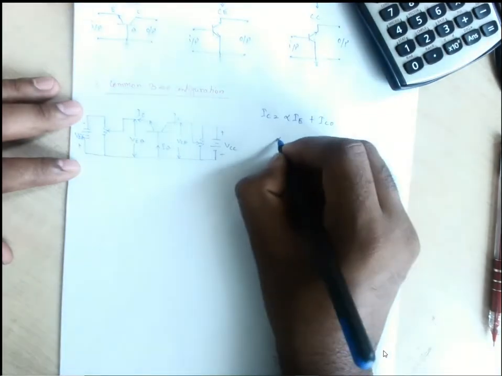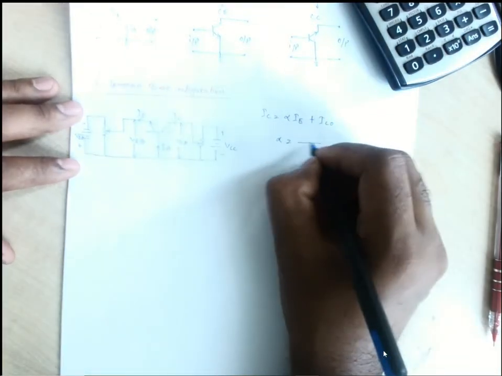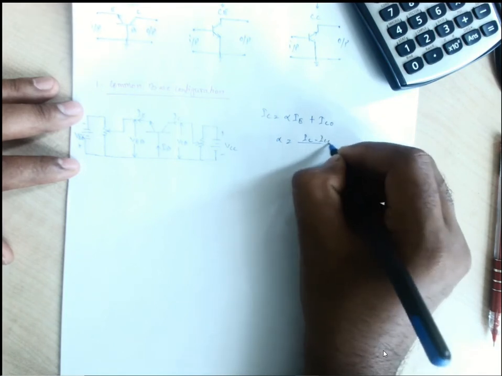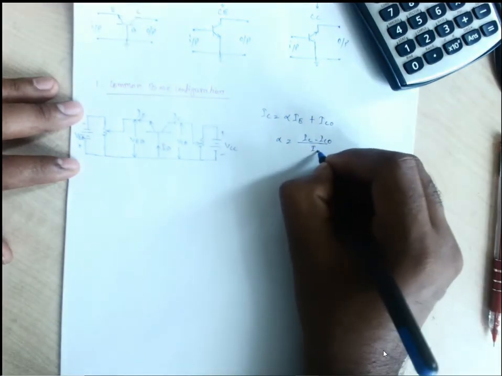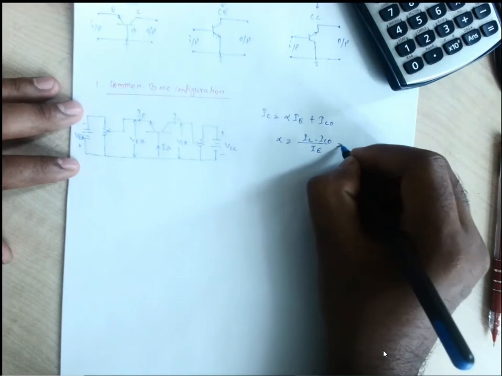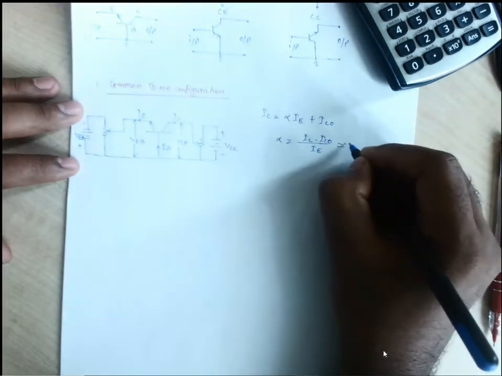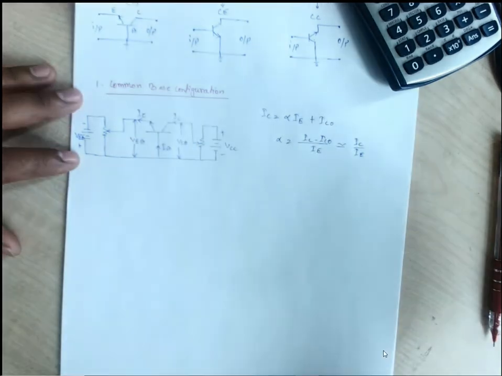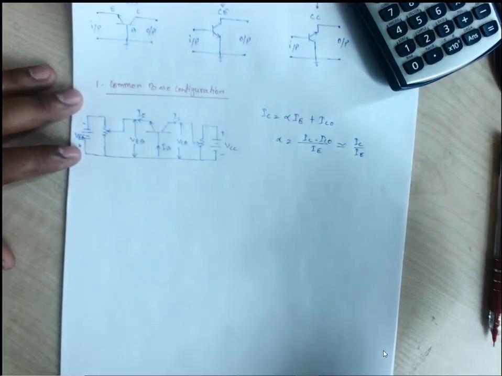So what is this alpha? We can write this alpha as IC minus ICO by IE, or if we neglect this ICO we can write IC by IE. That is what we have taken as amplification factor. Okay.